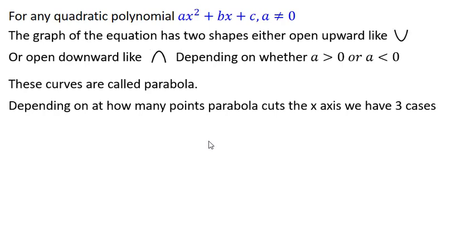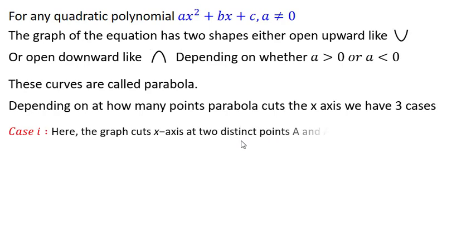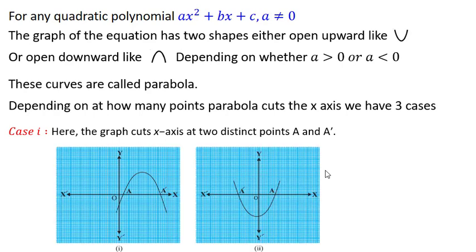Now depending on how many points the parabola cuts the x-axis, we can have 3 cases. Case 1, here the x-axis is cut at 2 distinct points a and a dash. So you can see in the graph that when it is opening upward, it is cutting at a dash and a. When it is opening downward, again it can cut the x-axis at 2 different points.